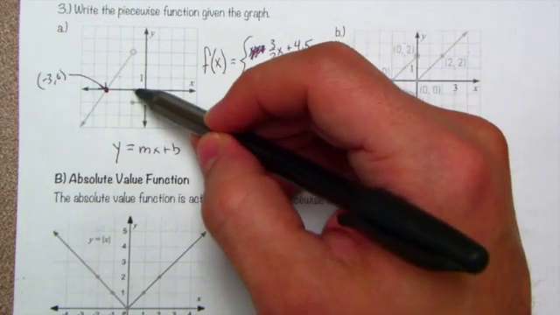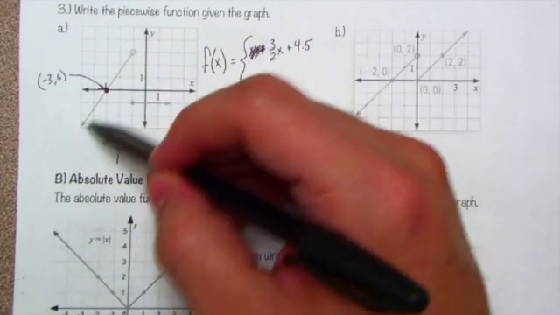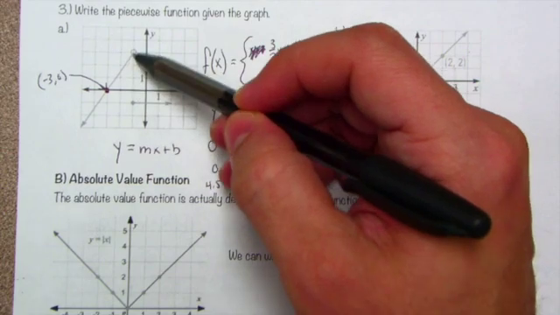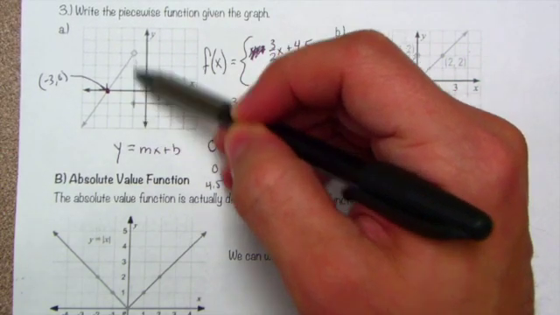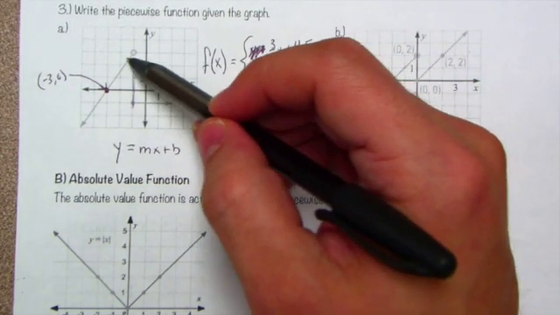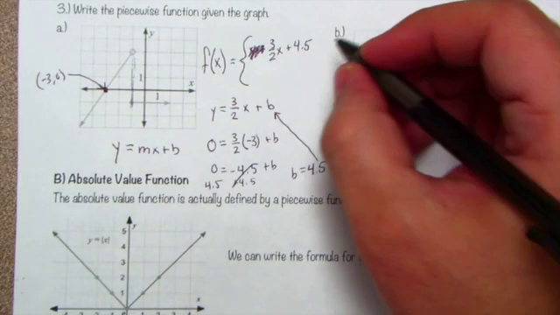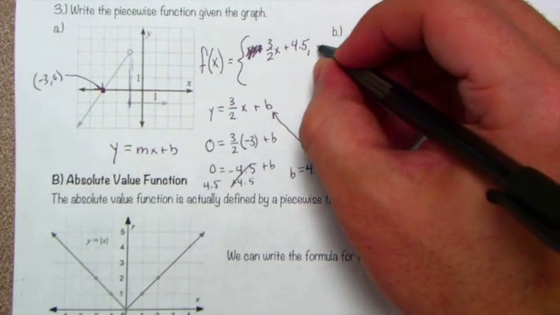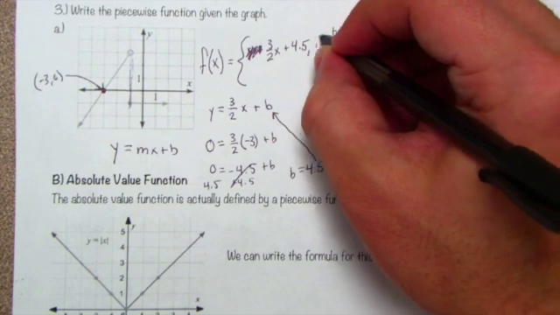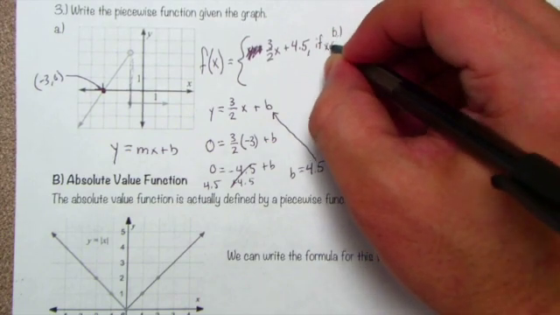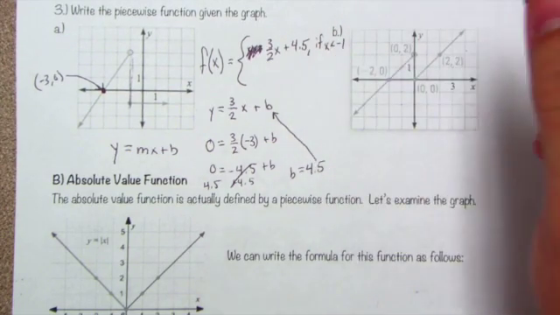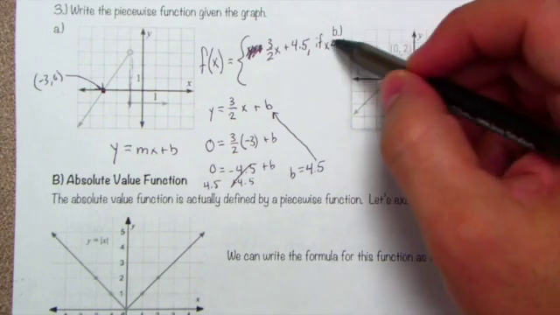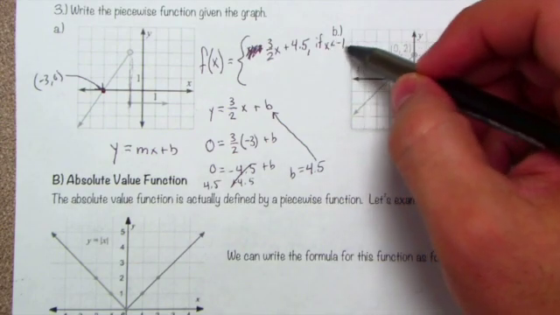So this function is valid for everything that is less than negative 1. It's an open circle, so it's less than. So we put a comma, and we write if x is less than negative 1. Sorry, not a lot of room here, but if x is less than negative 1.